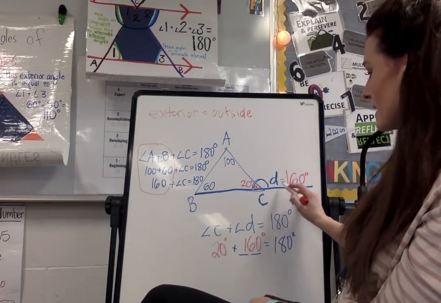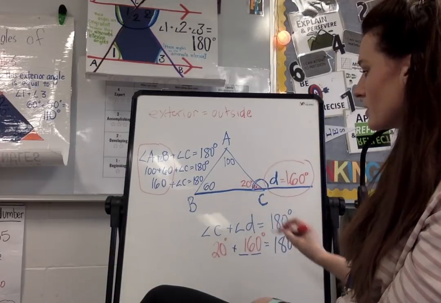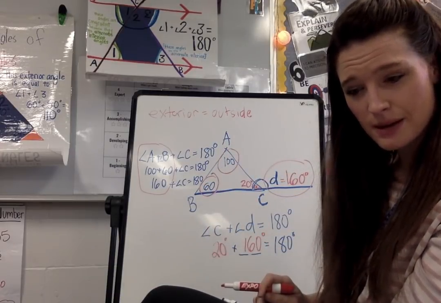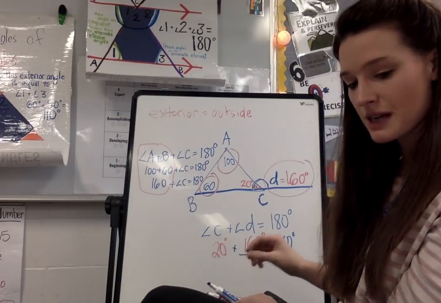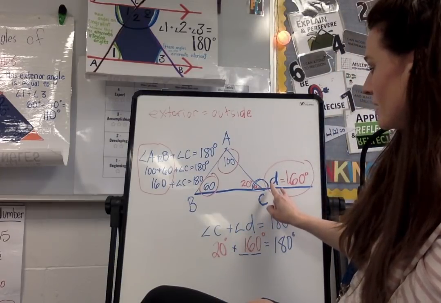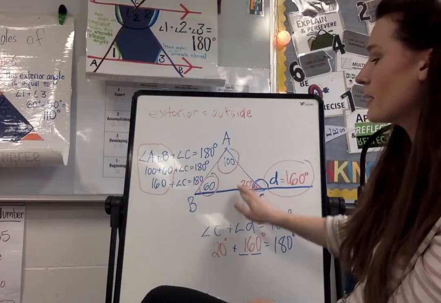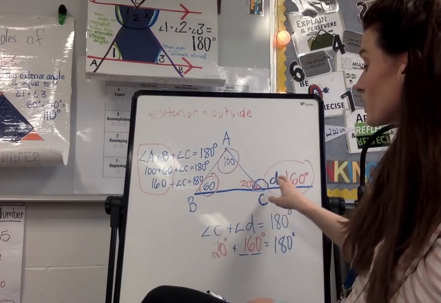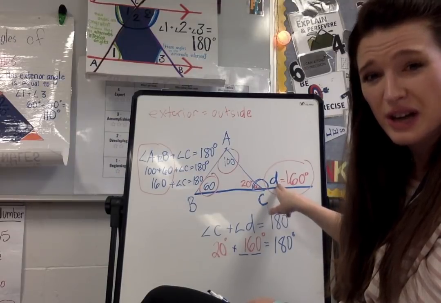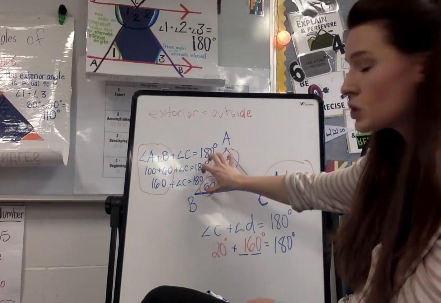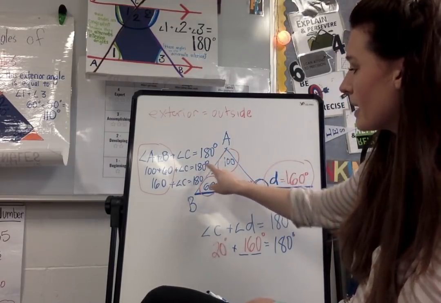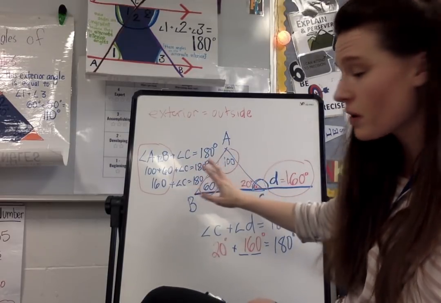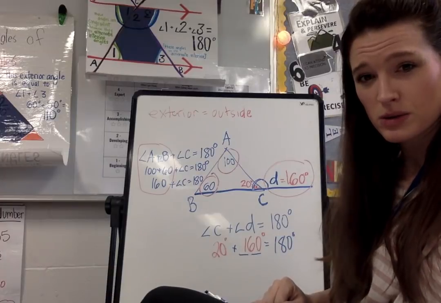So we see that D, this 160 degrees, is equal to A plus B. So instead of finding a third angle and subtracting it from 180, you can just say, I know that an exterior angle equals the two remote, so far away, interior angles.